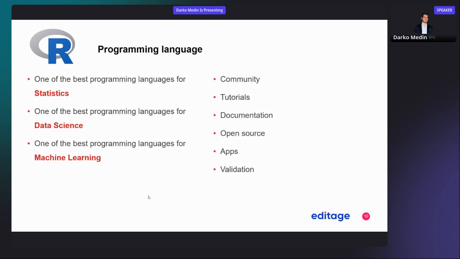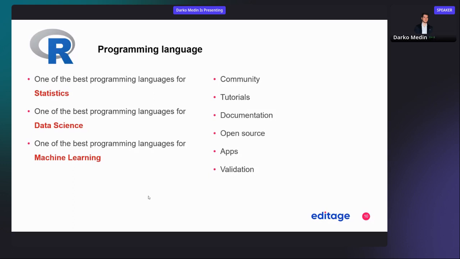On the other hand, R can be used to create advanced apps. It can be used for validation of different types of research. R itself is well validated because there are a lot of people resolving problems in R programming, so it's very, very well validated.